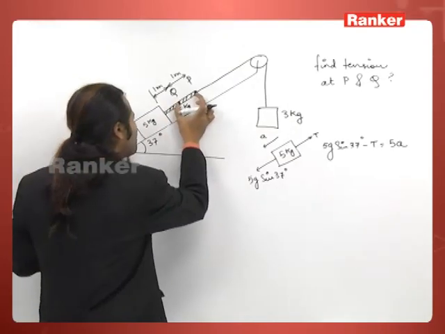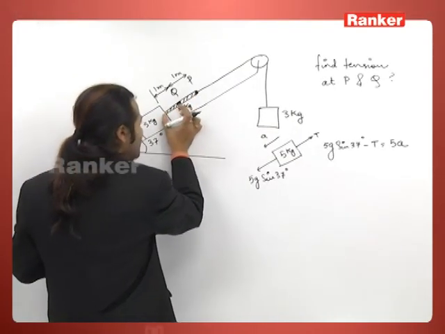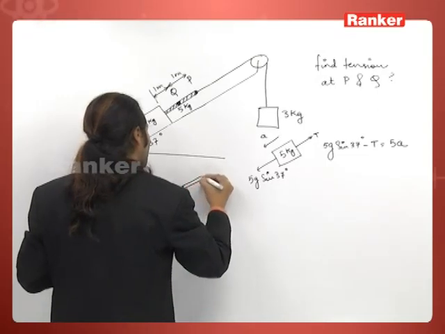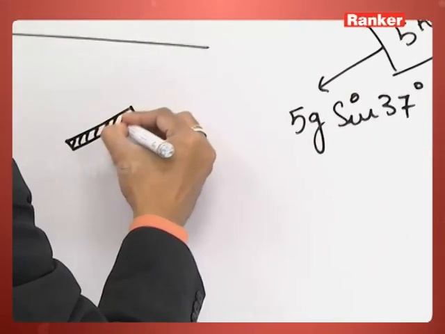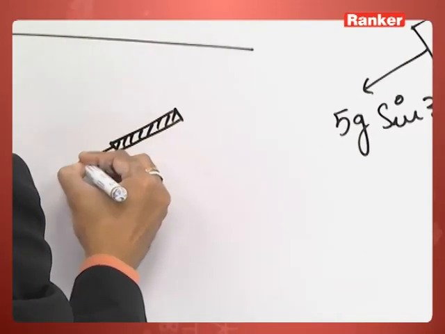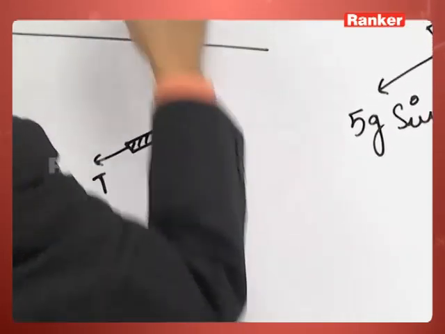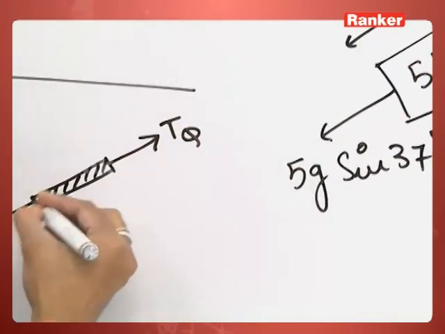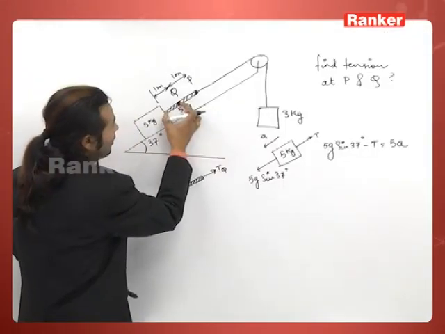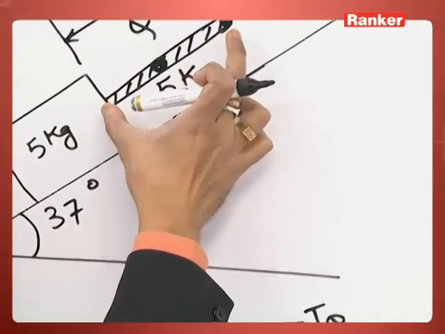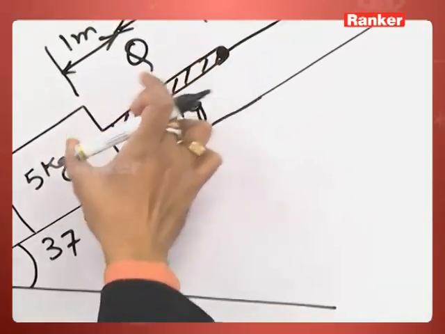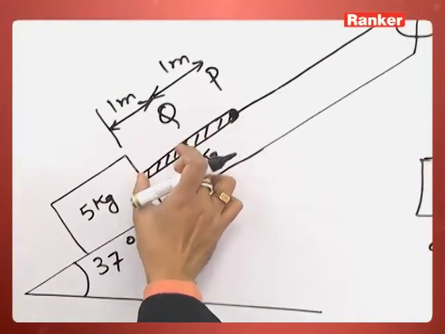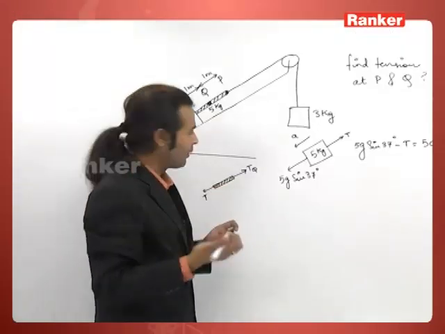Now I take this part of the string. Here there was a tensile force T, and let us say this tensile force is TQ. This part of the string will have a mass: the length of the rope is 2 meter and the mass is 5 kg, so for 1 meter it will be 2.5.